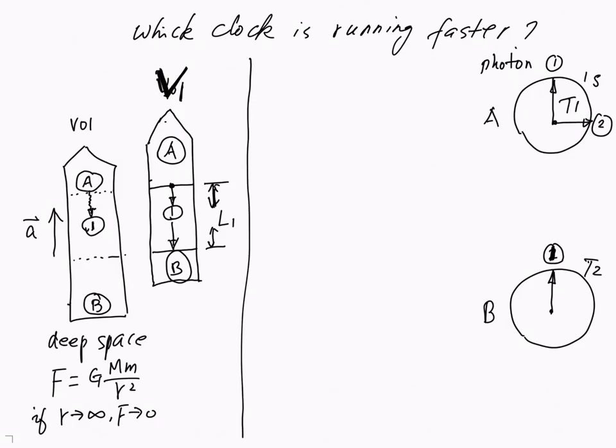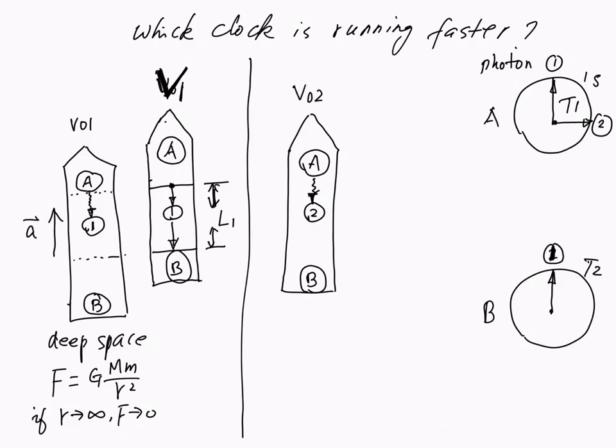Now let's look at the second photon. When the clock within the rocket emits the second photon here, clock B is still here.